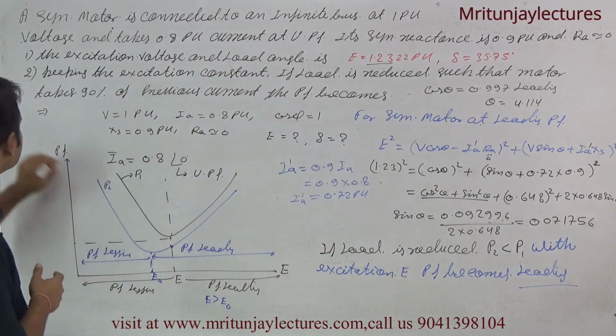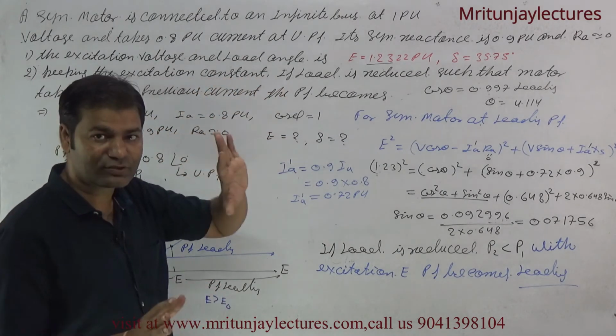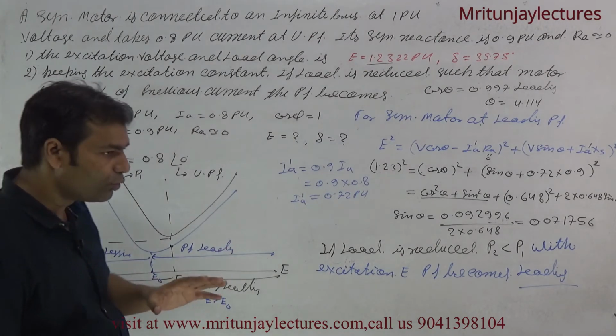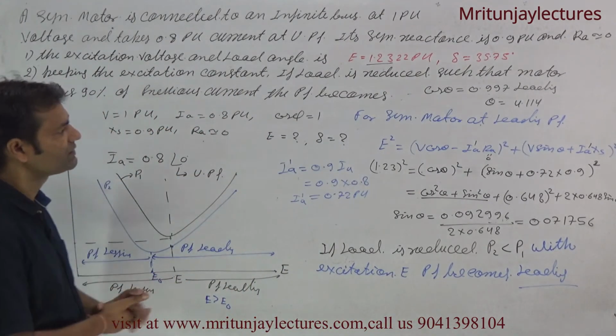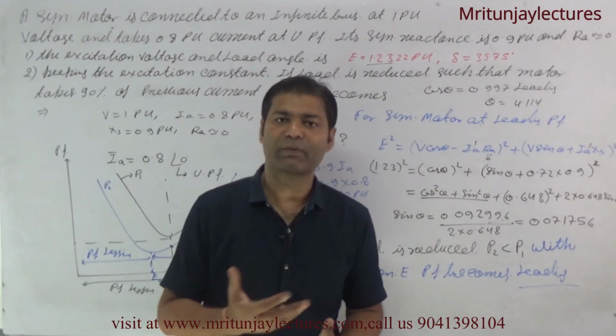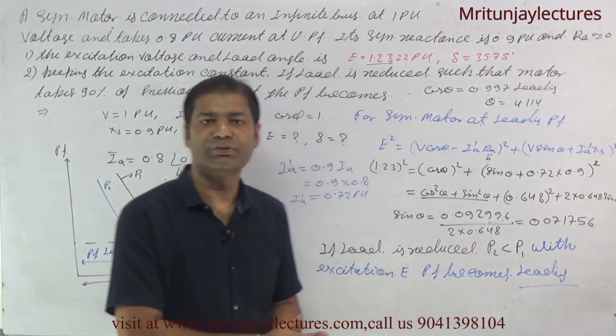After that, corresponding to the question, again keeping the excitation constant, if the load is reduced, it means power also reduces, electrical input power also reduces. Electrical power is always decided by the load. If load is reduced, then electrical power also reduces.